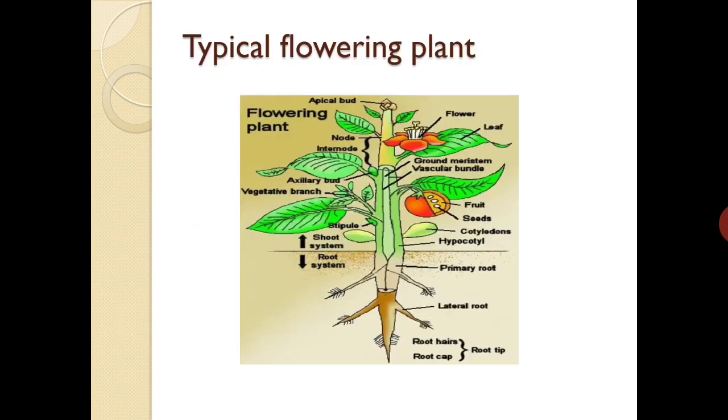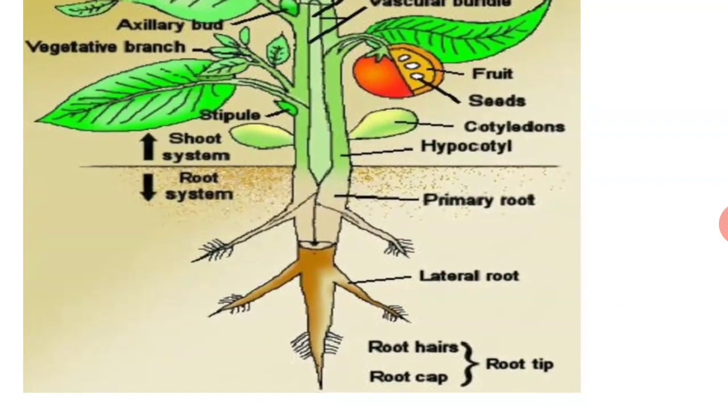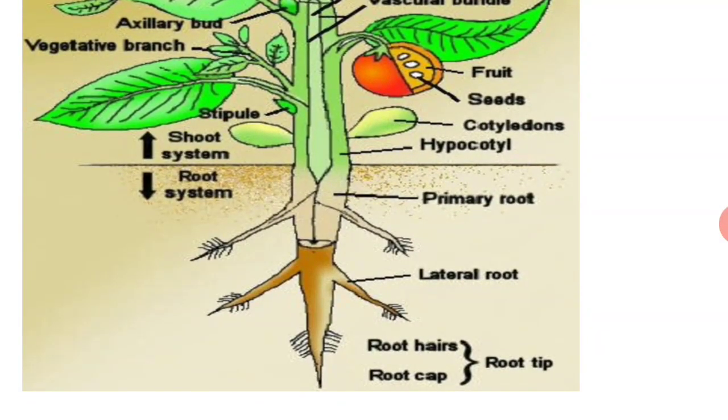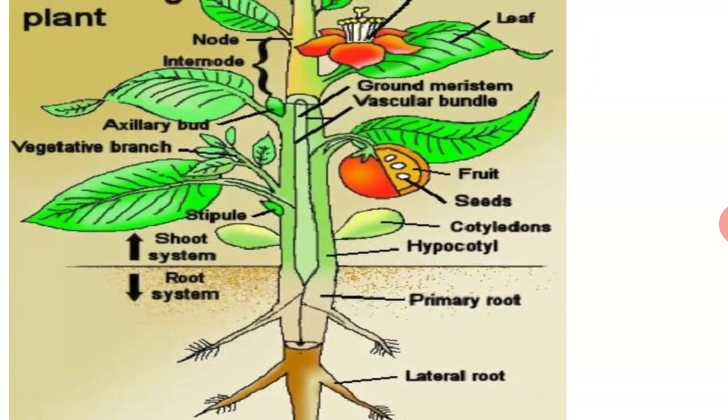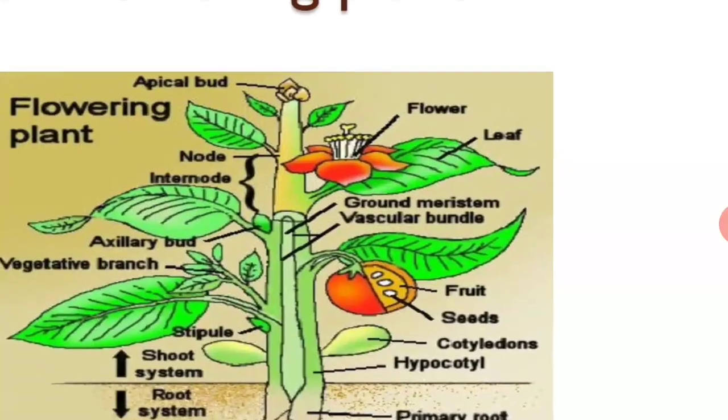In this picture you can also see a typical flowering plant, in which you see the underground root system having a primary root, secondary roots, lateral roots, and tertiary roots. And above the ground you can see the branch, the leaves, the flowers and the fruits.